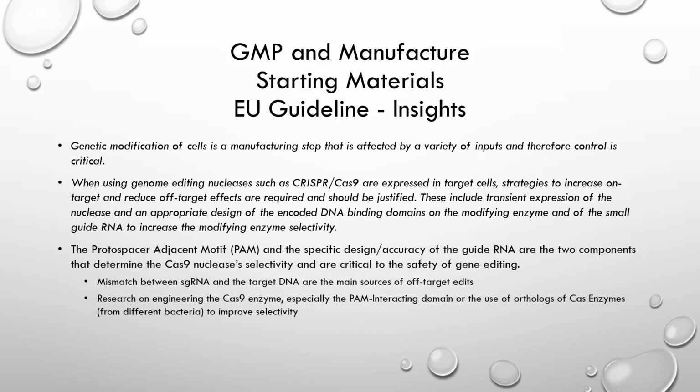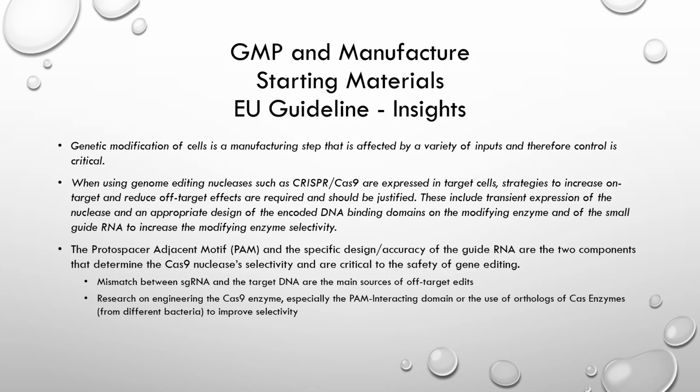You can think about designing the accuracy into the protospacer adjacent motif, and also the guide RNA. These are the two components that are critical for selectivity, and the issues relating to mismatch between your guide RNA and the target DNA are the main sources of off-target edits.